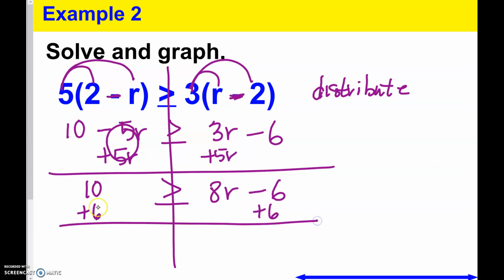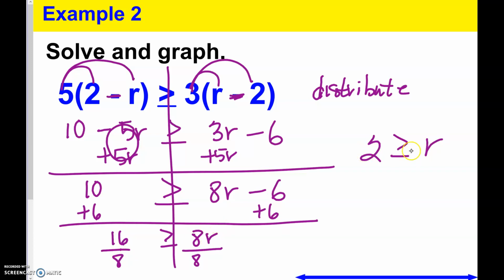So we get 10 plus 6 is 16, and 8r, so that says 8 times r, so the opposite of times is divide. So I have 2 is greater than or equal to r. 16 divided by 8 is 2.